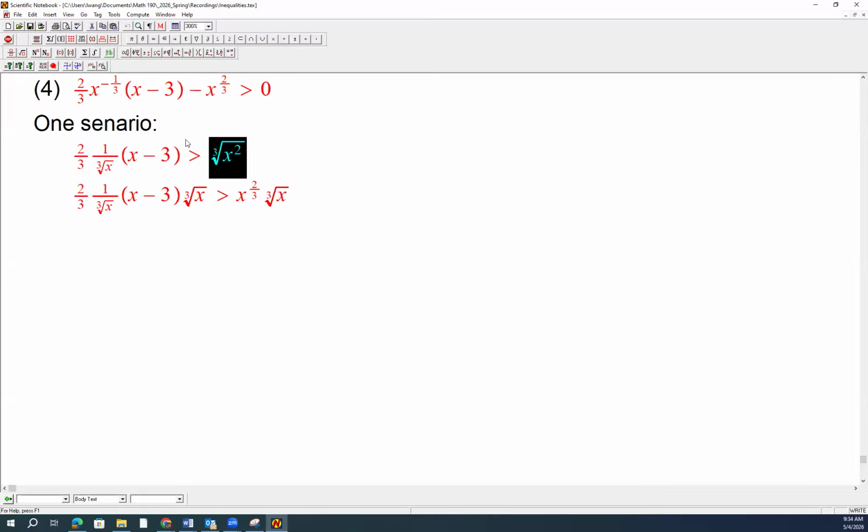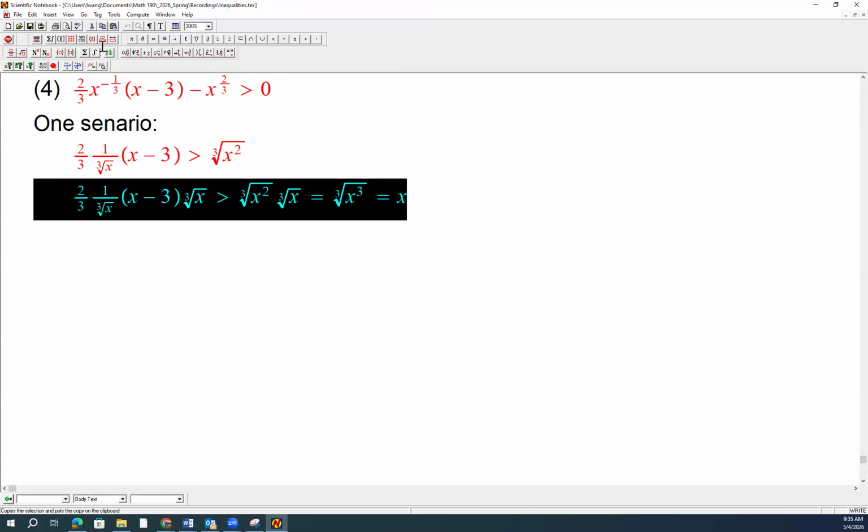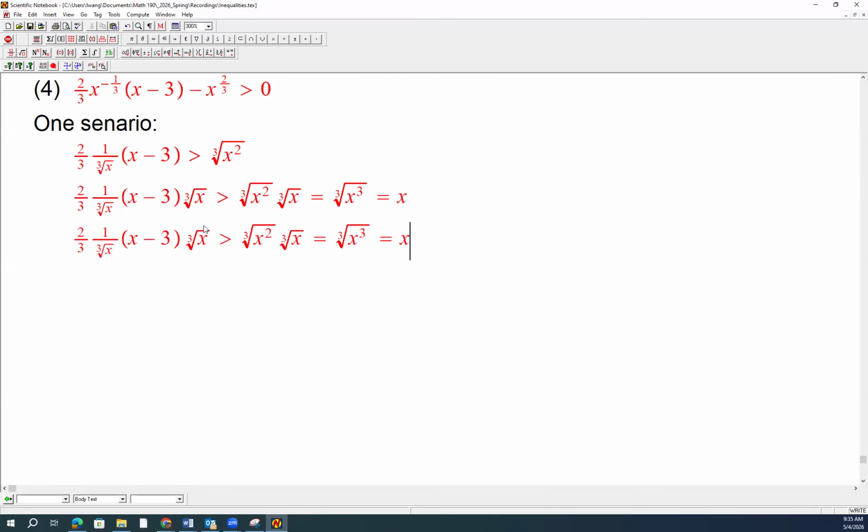So this piece is moved down here. And then it's great because now you see the cubic root of x raised to the power 3, and that equals x, right? So now you get to the next step. So this is reduced, and you end up with this.